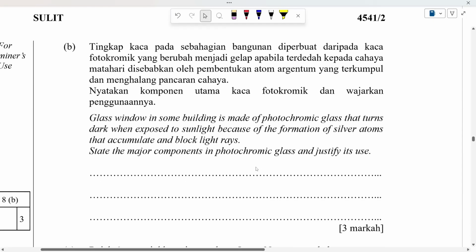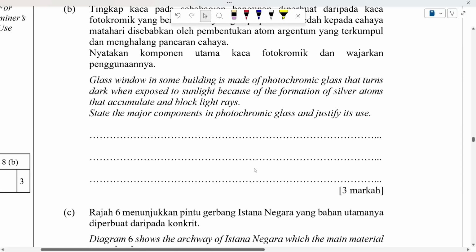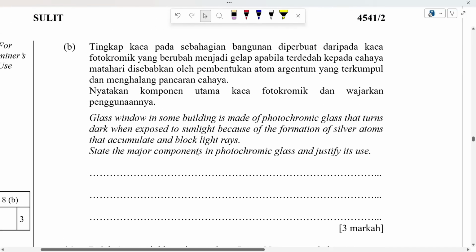Okay, now, glass windows in some buildings are made of photochromic glass that turns dark when exposed to sunlight, because of the formation of silver atoms that accumulate and block the light rays. State the major component in the photochromic glass and justify its use. 3 marks.